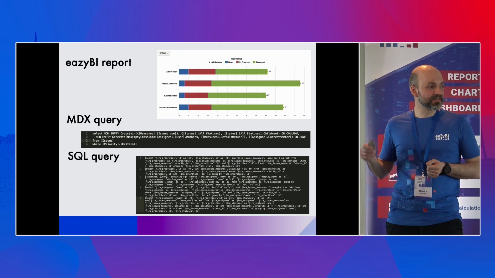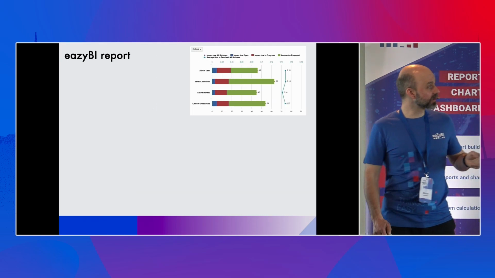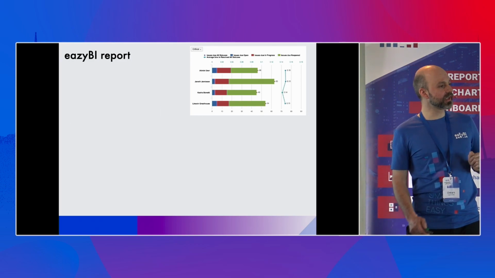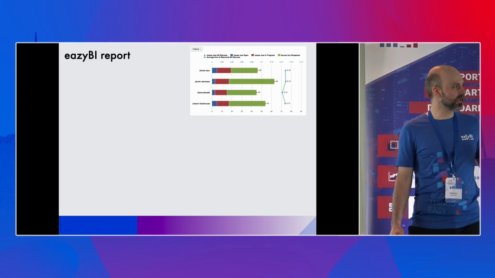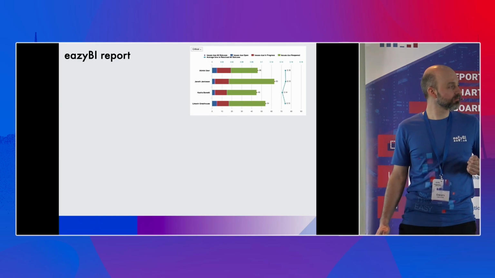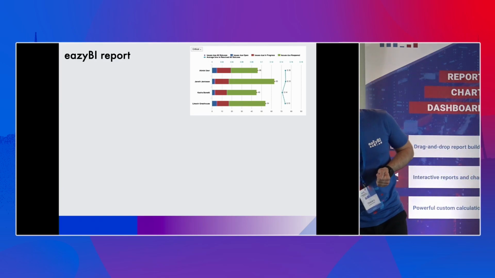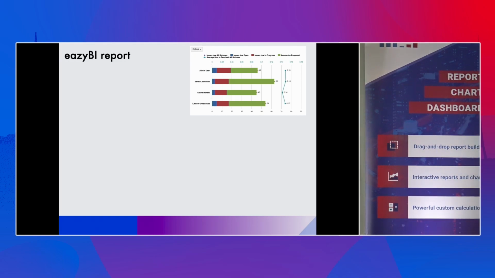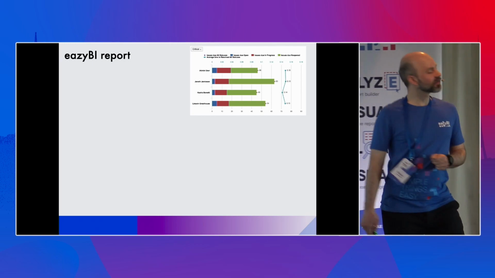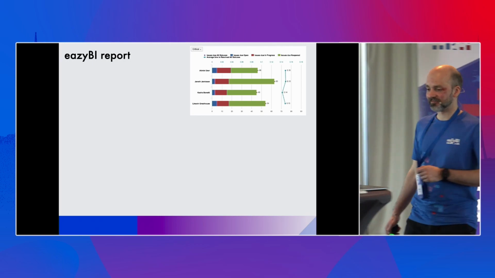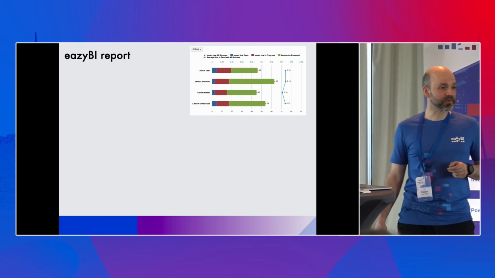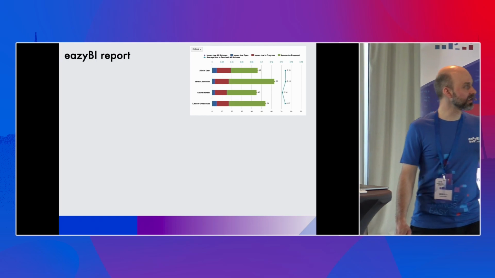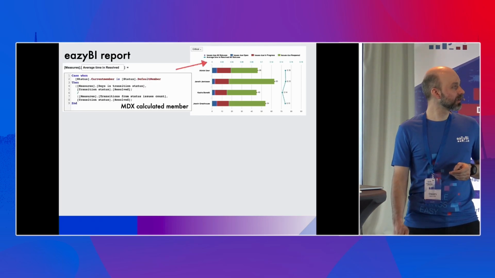Let's move further and add a standard calculation. It would be like additional 5 clicks on that report. And this calculation is average time in resolved for all statuses. So it was up to 5 clicks on a report.